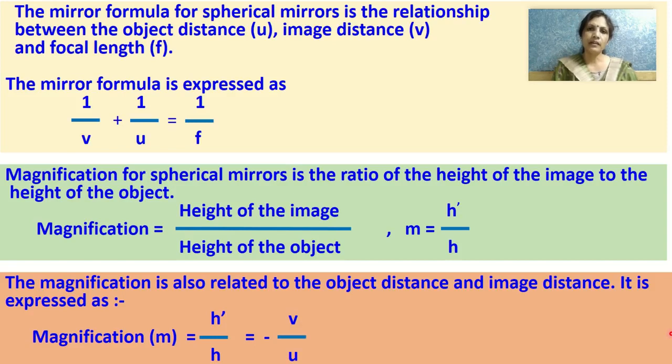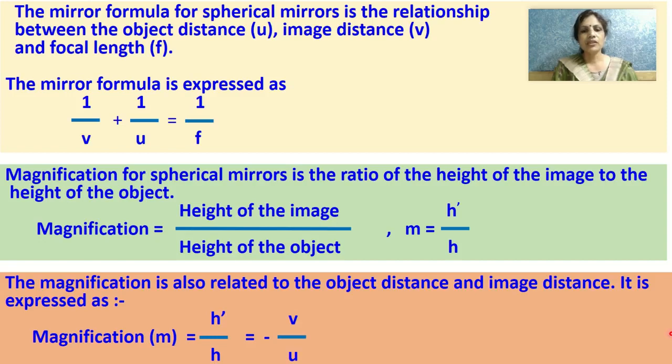Magnification for the spherical mirror is the ratio of height of the image to the height of the object. Height of the image is denoted by h dash and height of the object is h, and magnification is denoted by letter small m. So we can write m = h'/h.